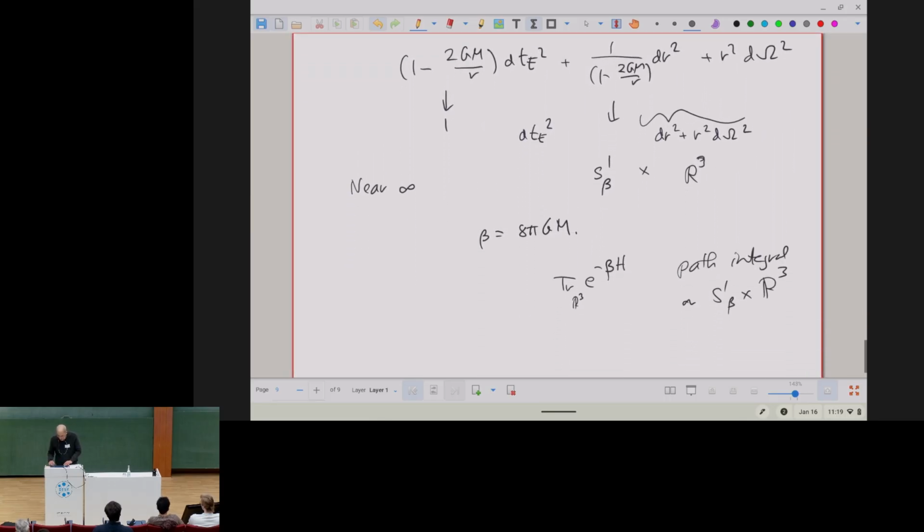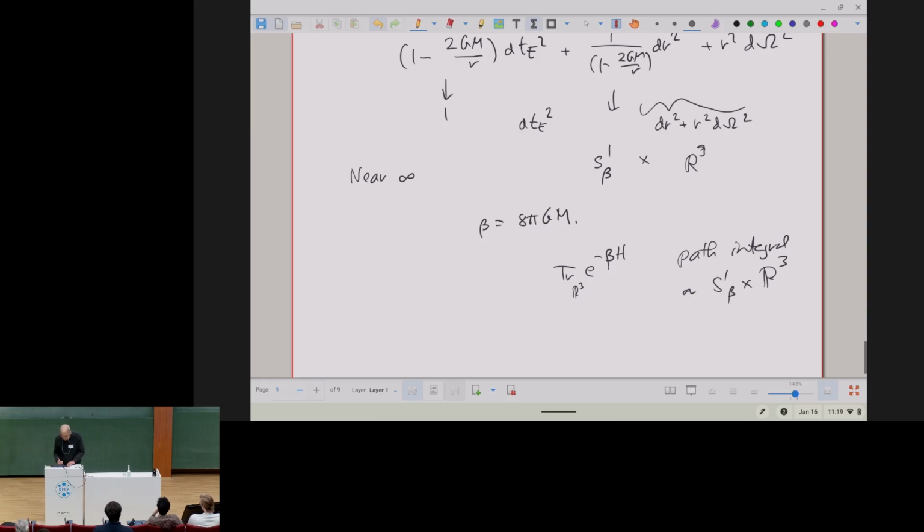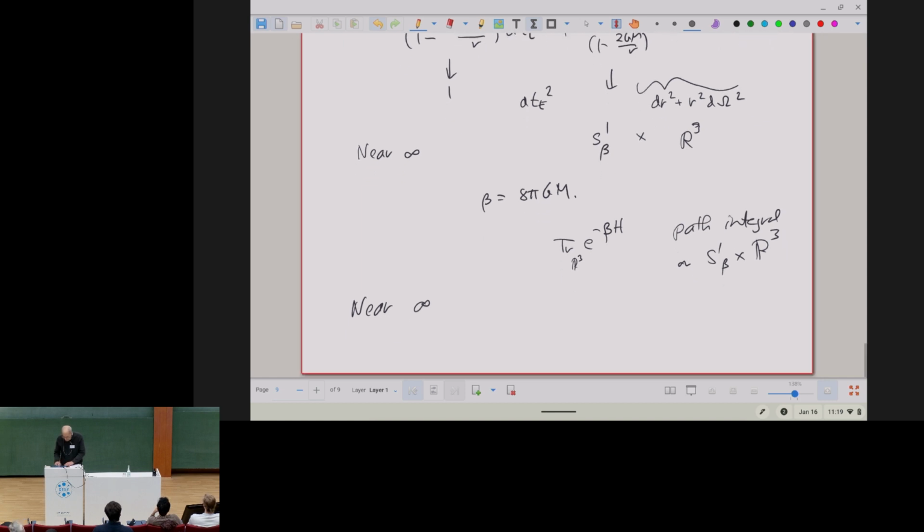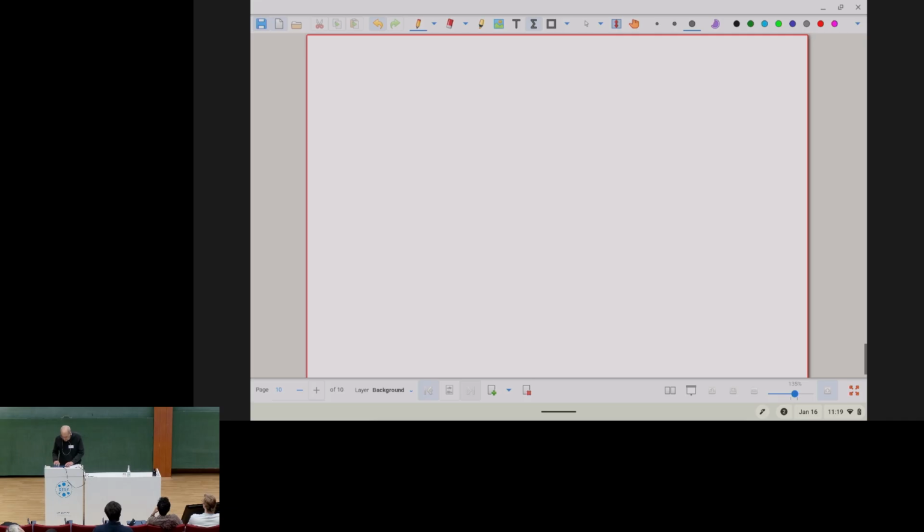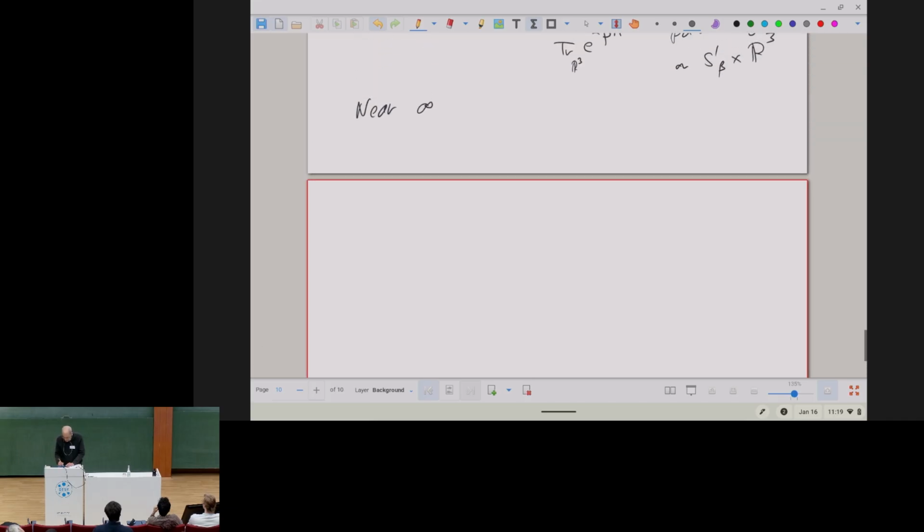So near infinity, if we expand around this classical solution, let's discuss the path integral on the Euclidean Schwarzschild solution.